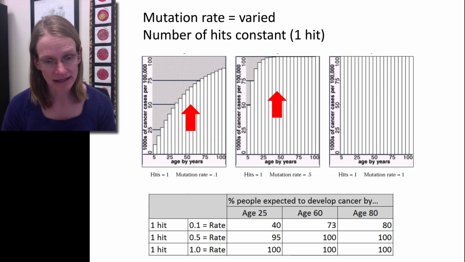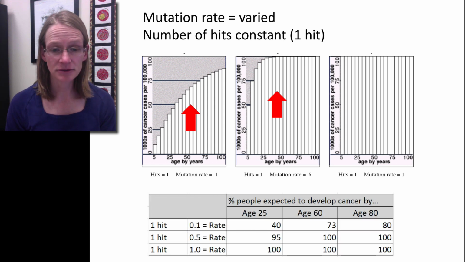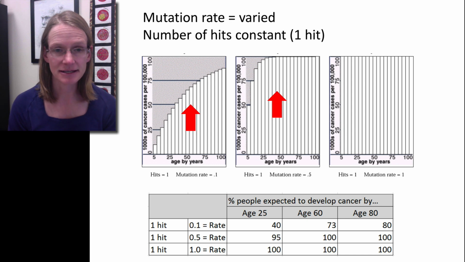We can look at it the same way in the tabular view and get a better picture. We can clearly see this shift: by age 80, it was only the individuals at the 10% rate that did not develop cancer.